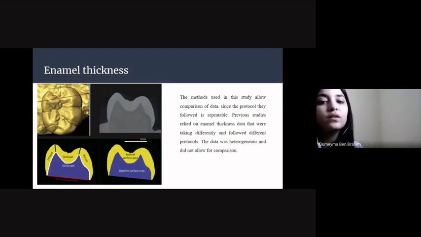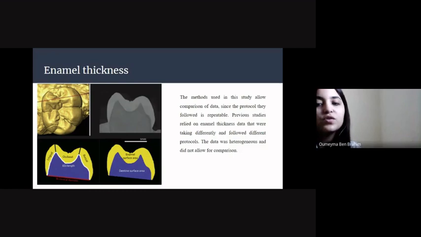So in this figure, we can see an illustration of the protocol used to collect enamel thickness data. In the top left corner, we can see a surface model of a mandibular first molar with a red line indicating the location of the 2D plane of section. The top right corner shows the 2D plane of section for this specimen upon which measurements were collected.